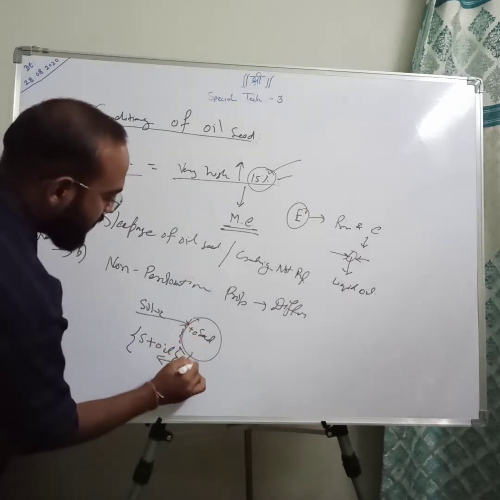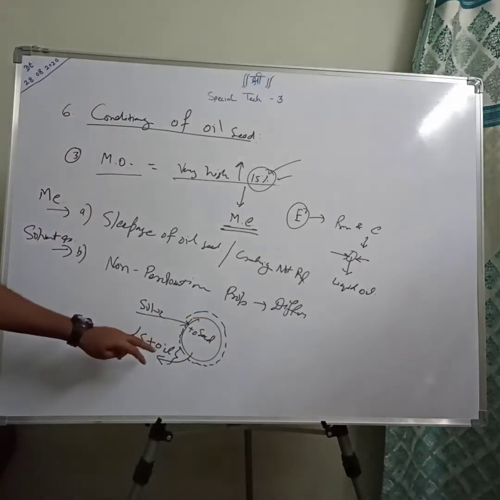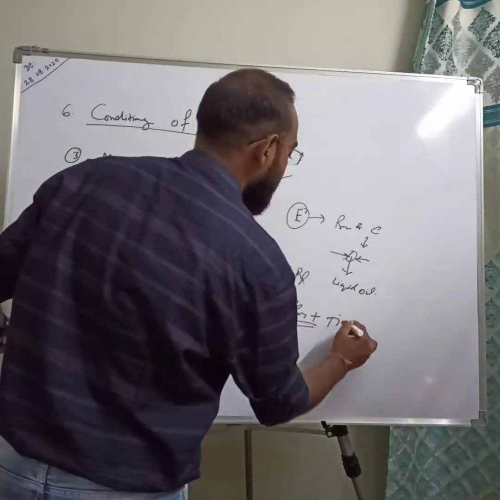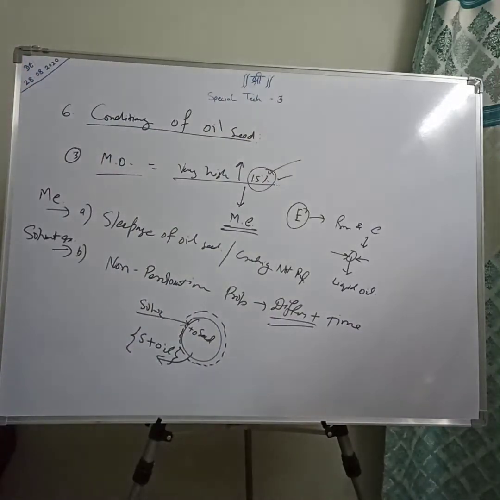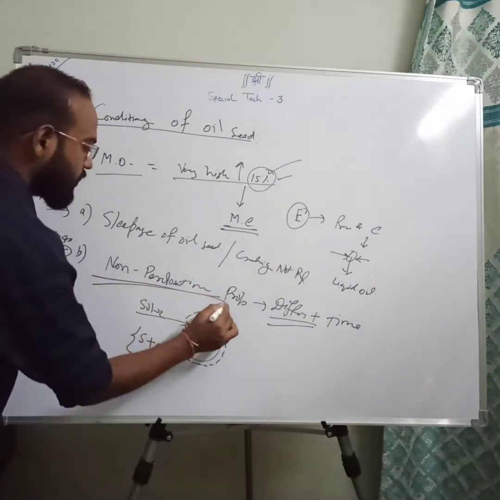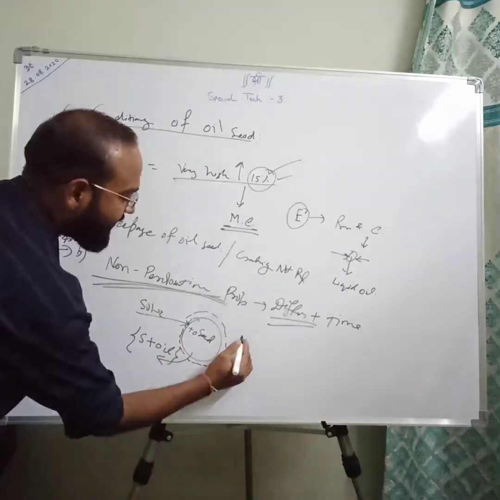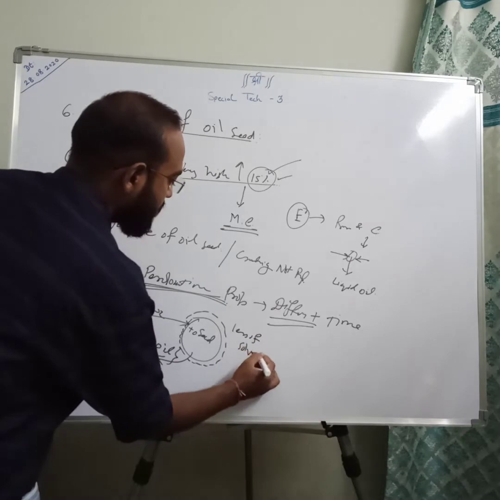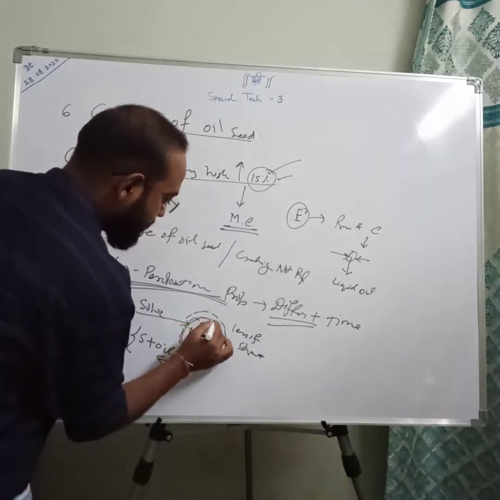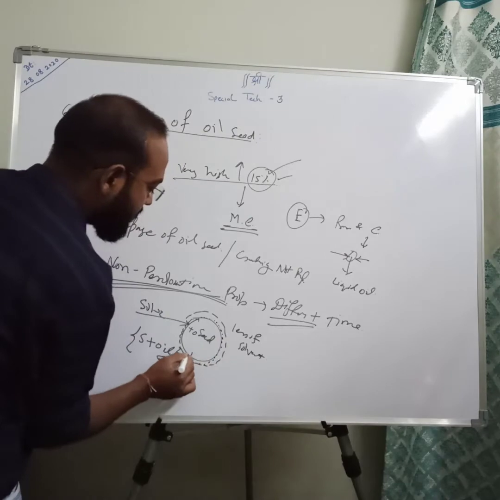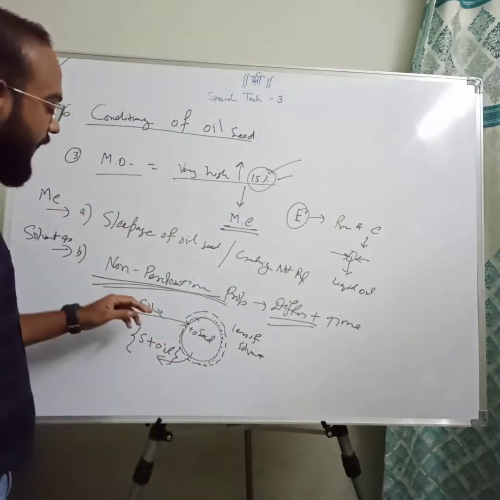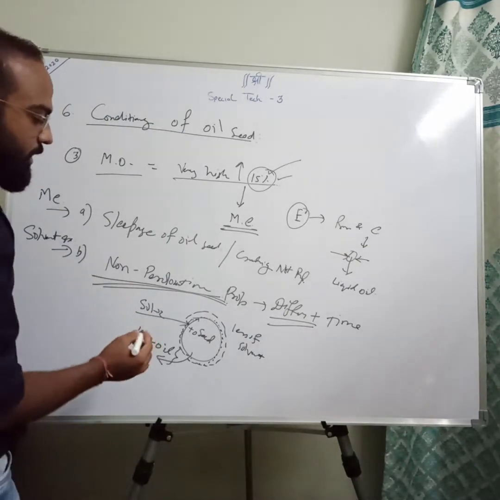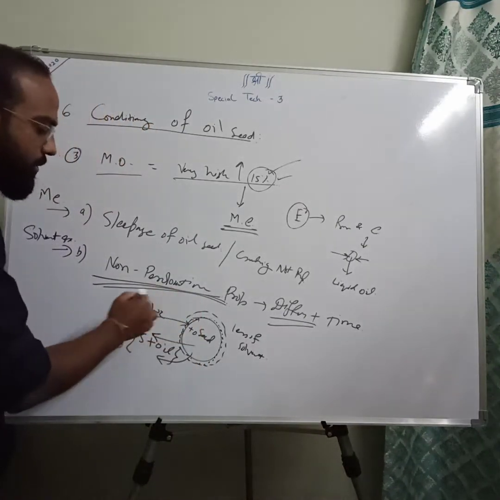So for this layer which I already described, an extra operation, that is diffusion, is there, which takes a lot of time and degrades your quality and quantity. This is also known as the non-percolation problem. Percolation means a very small amount of solvent is used, that is, a thin layer of solvent should be there, and the quantity is optimized, based on how much oil is present inside the seed, so that the maximum amount of oil is extracted with this solvent.